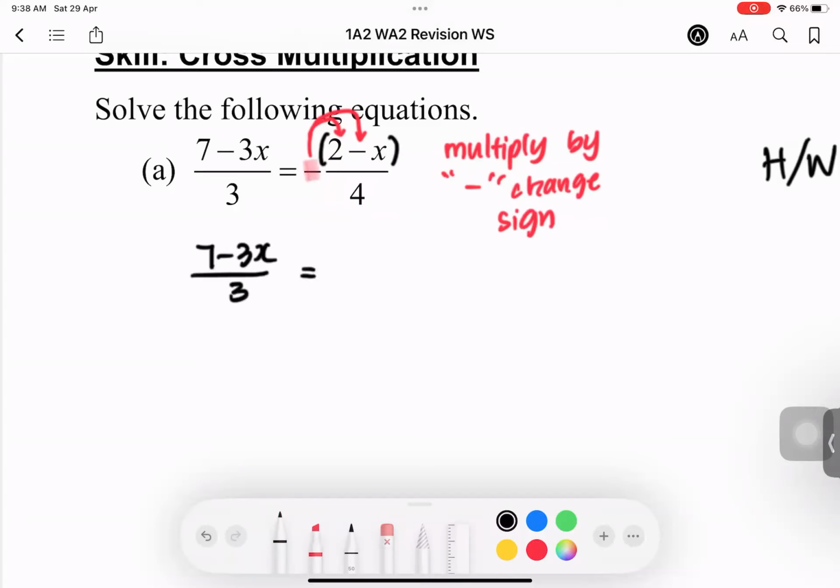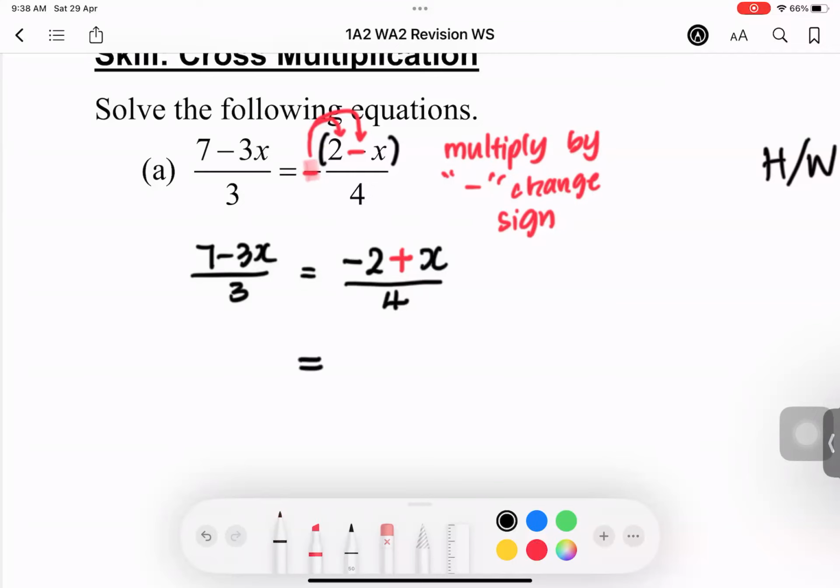This part will become negative 2, negative times negative becomes positive, then x over 4. Okay, now we have two fractions on their own. What we can do, we're going to do cross multiplication.